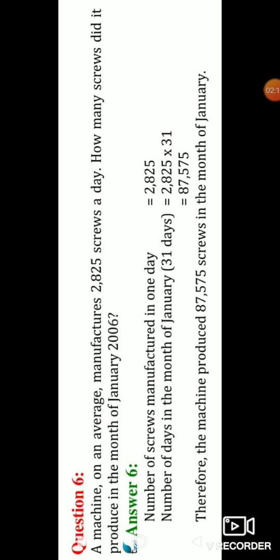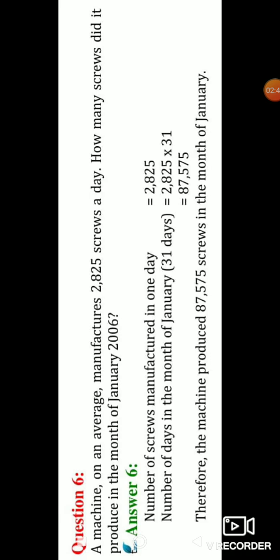Then you have to write the number of days in the month of January. In January, how many days are there? 31 days. So write: number of days in the month of January is 31 days.